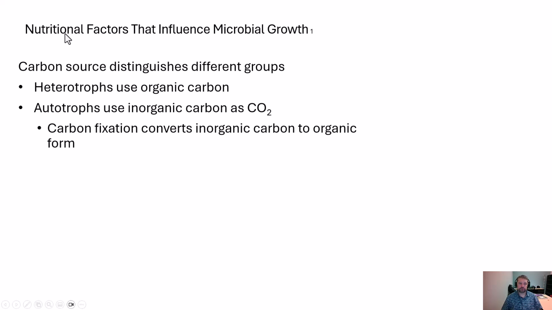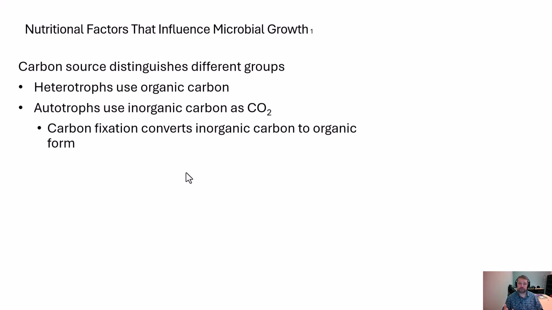There are groups which we call heterotrophs, and these are organisms that use what we call organic carbon. That means that carbon source was generated by another organism. So you think of heterotrophs as consuming an organic molecule that was generated by some other organism.